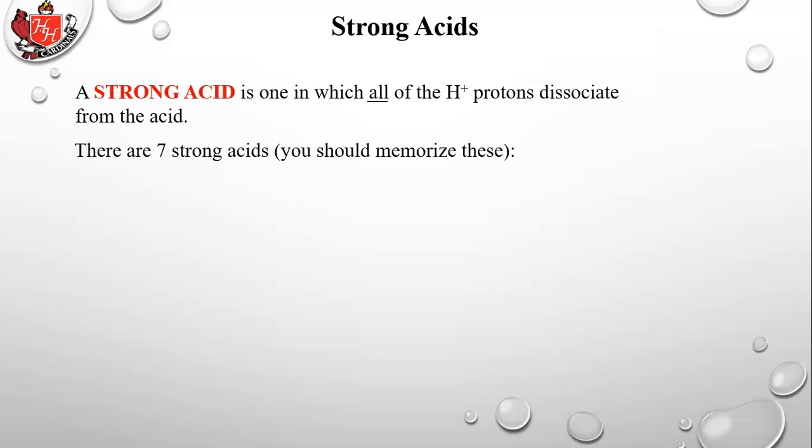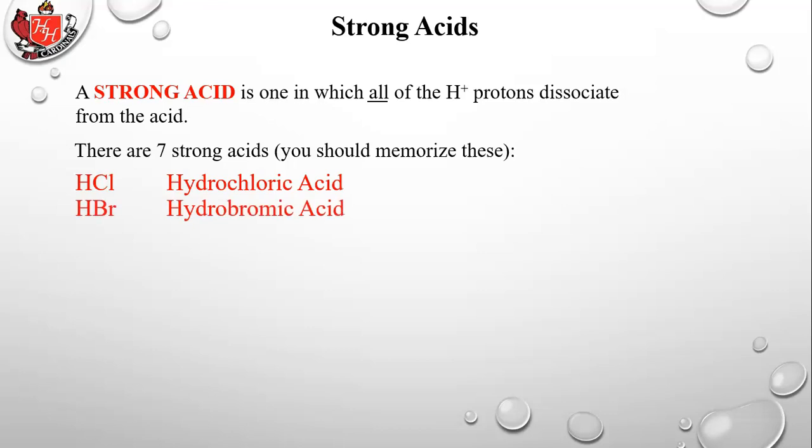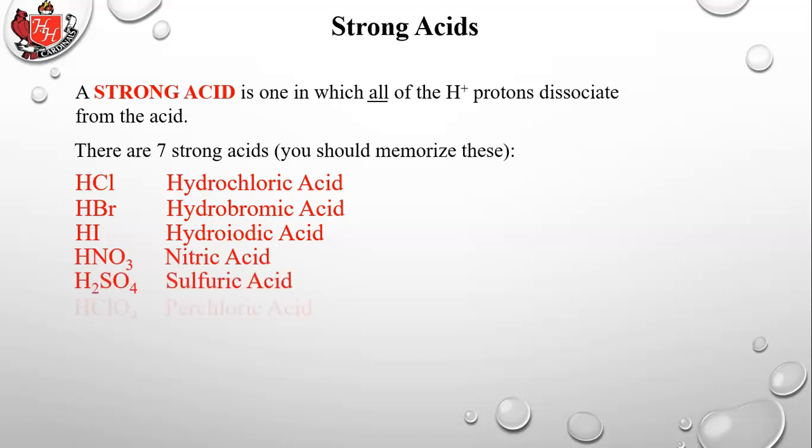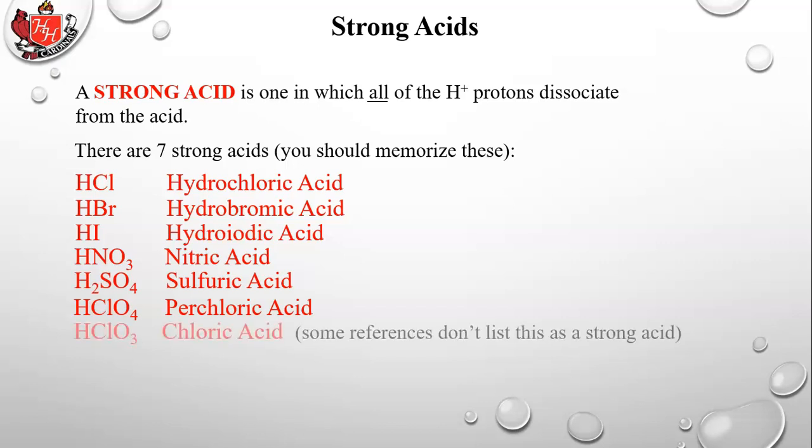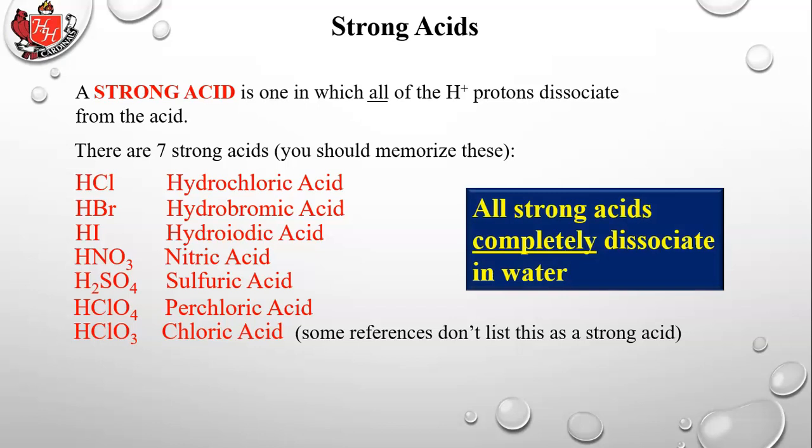There are 7 strong acids, and you should memorize these: hydrochloric acid, hydrobromic acid, hydroiodic acid, nitric acid, sulfuric acid, perchloric acid, and chloric acid. Some references don't list chloric acid as a strong acid, but the AP textbook that we use at this school does. All strong acids completely dissociate in water. Every time you put a strong acid molecule in water, that hydrogen proton is going to break off and jump over to a water molecule.